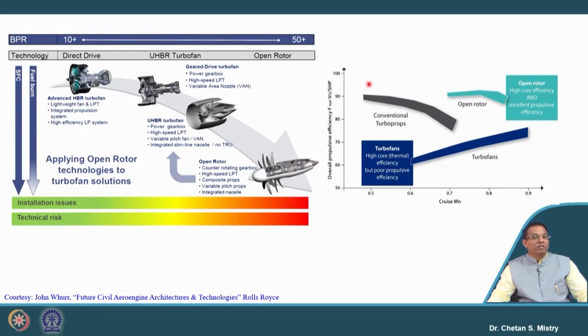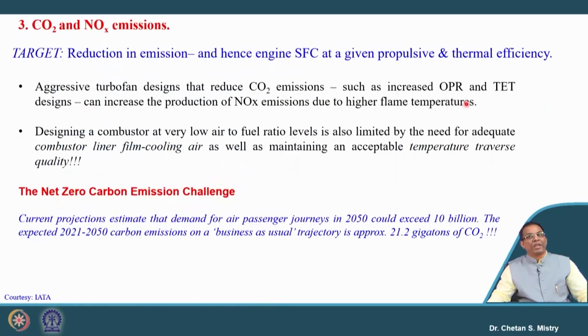This represents the turboprop engine, where we have a limitation in terms of cruise Mach number or flying Mach number. And the ongoing research indicates this as a region where we have higher core efficiency, as well as an improvement of propulsive efficiency.